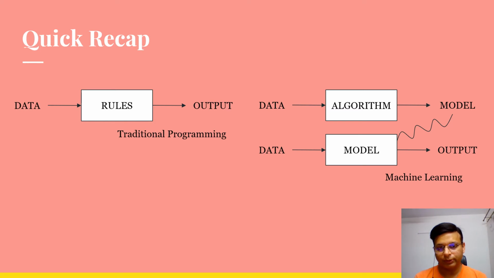Then we throw another set of data, let's call that test data, into the same trained model and we get an output which corresponds to the test data. And this is what makes machine learning different from traditional programming.